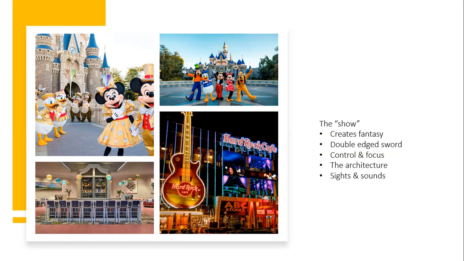Okay. The next thing is architecture. And it's probably what you might have thought about in the first place when we talk about the show. In the world of our hospitality industry, the way they design their buildings and spaces is very important.